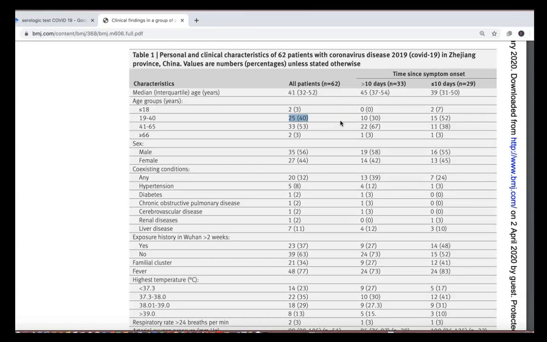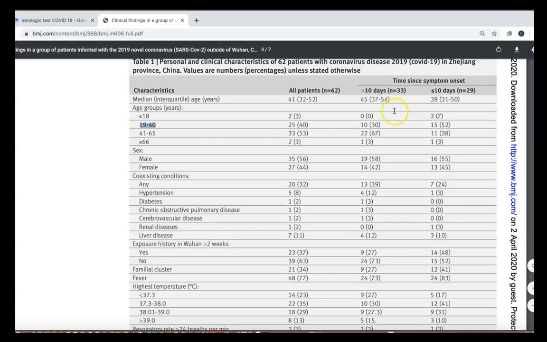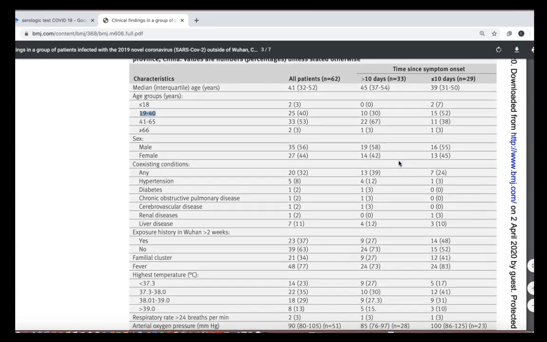That is not something you hear a lot in the reports. We know about the people who are dying from it, but in terms of who's being hospitalized, you can see a lot of younger folks have the potential to also be hospitalized. We also see time since symptom onset, greater than 10 days, so there's some time that people are dealing with this.